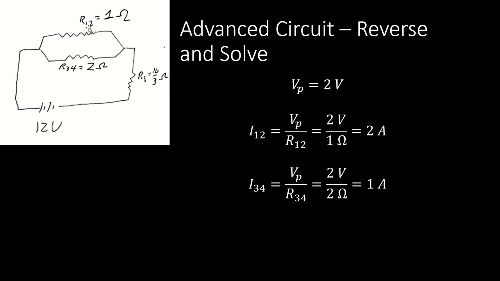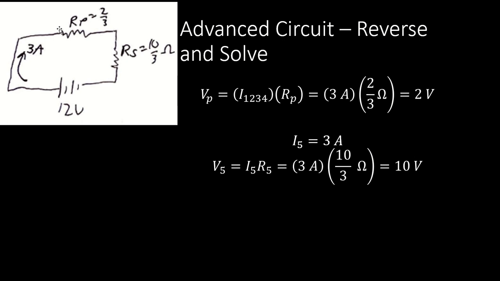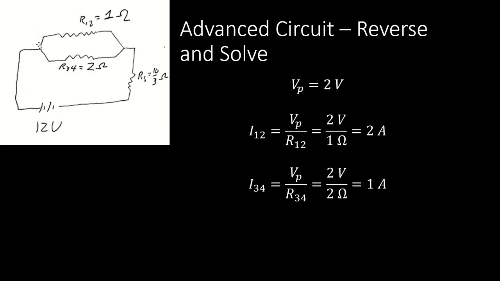We have R12 and R34. Now, the voltage drop across this entire path must be equal to the voltage drop across this entire path. Because we determined that the voltage drop across RP is 2 volts, that means that there's 2 volts being dropped across here and 2 volts being dropped across here.